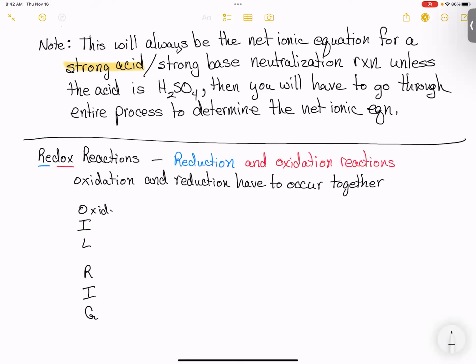Oxidation is loss of electrons to form a more positive charge, a more positive oxidation state.